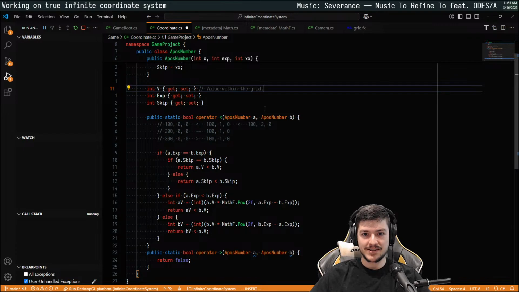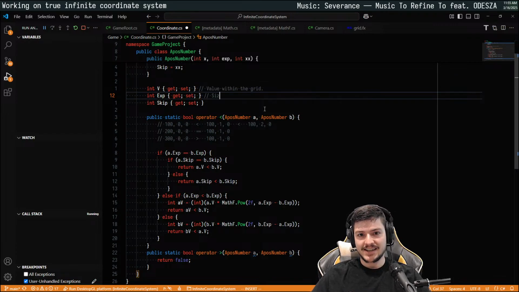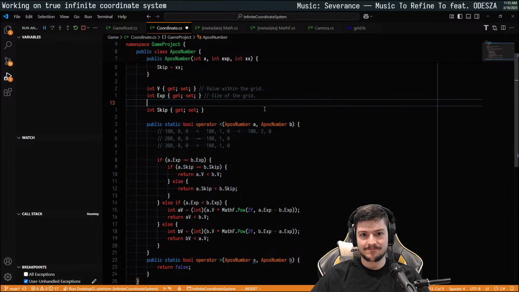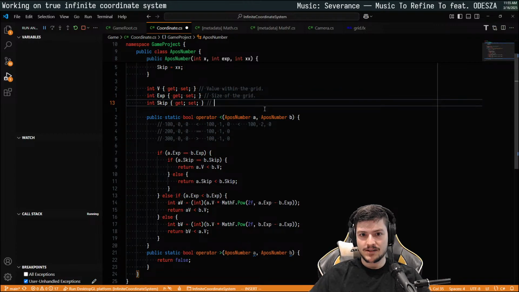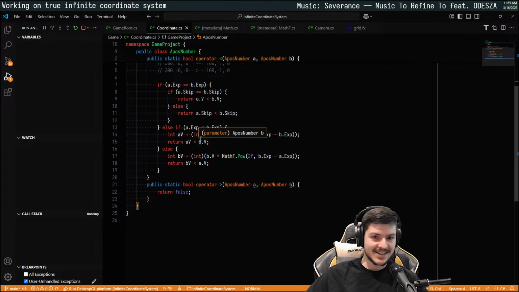I'll put some comments. Size of the grid. Probably makes no sense for future me, but I guess I don't care right now.